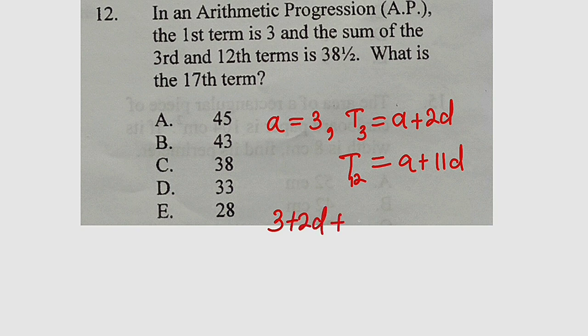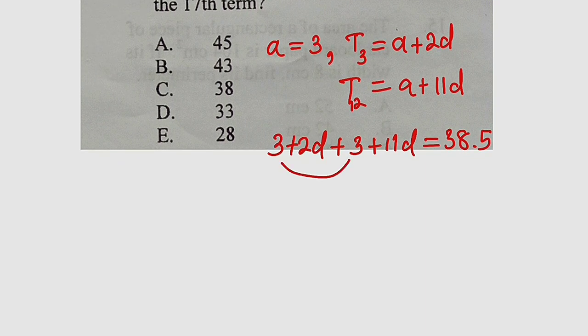Then plus the 12th term, A plus 11D. A is 3 again. Then we have 11D, and this is equal to 38.5. 3 plus 3 is 6. 2 plus 11 is 13. This is equal to 38.5.